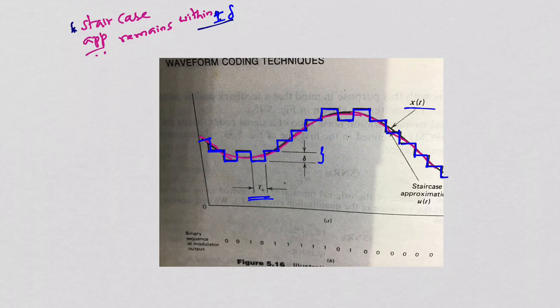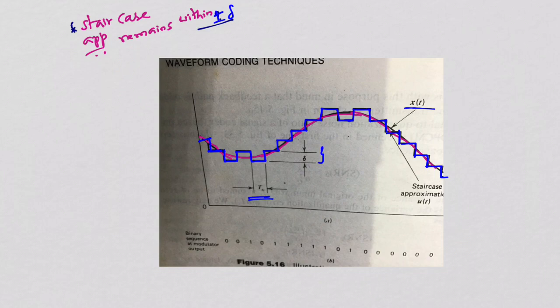Staircase approximation remains within plus delta or minus delta. Such a miraculous encoding procedure corresponds to positive or negative differences, right?